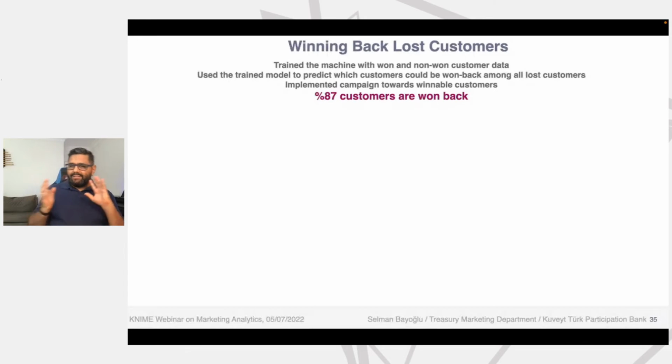You send this test data to the model, and the model predicts. The model predicted that X number of clients would be won back, and we implemented an SMS campaign giving some incentives to clients to win them back, and 87 of them won back. That's awesome, isn't it?